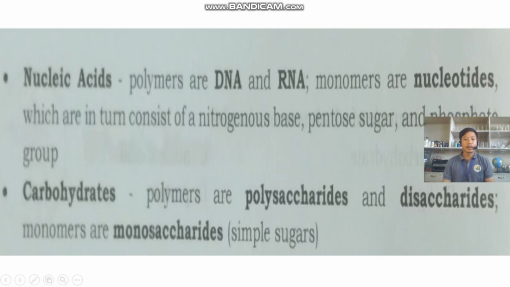Let us go to the polymers and monomers of carbohydrates. The polymers of carbohydrates are polysaccharides and disaccharides, while the monomers of carbohydrates are monosaccharides or simple sugars.